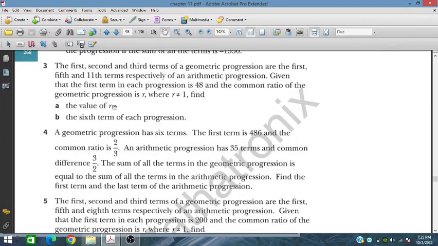For this value we will find r and the 6th term of each progression. We have to calculate a6 for both progressions: for the geometric progression it would be ar to the power 5, and for the arithmetic progression it would be a plus 5d. So we will obtain this information.